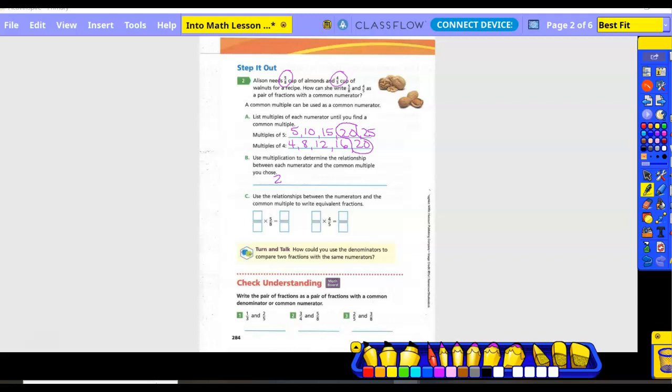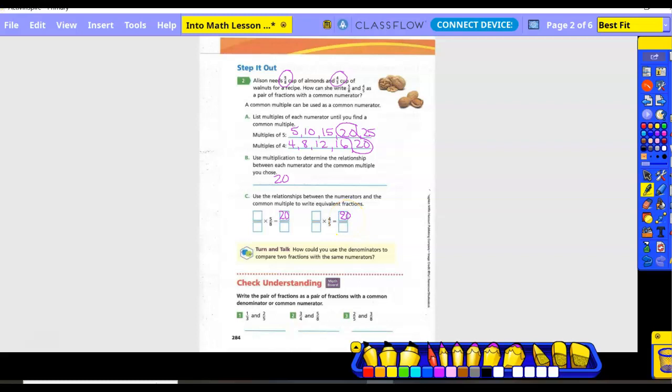So 20 is going to be our common numerator. Okay, so now we're going to do the numerators. We have to get relationships between the numerators. So is my 20 going to go on the top of my new fraction or on the bottom of my new fraction? The top, because we're doing numerators. So put 20 in my new fraction, right?